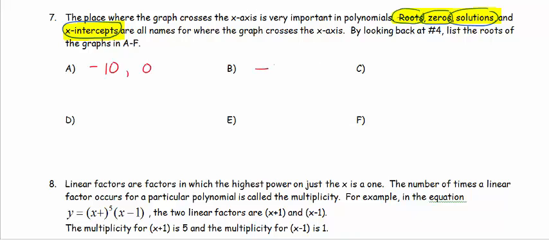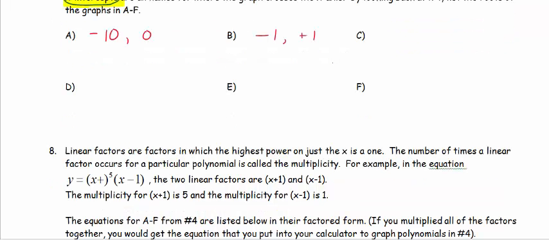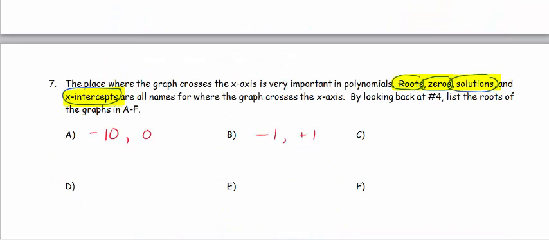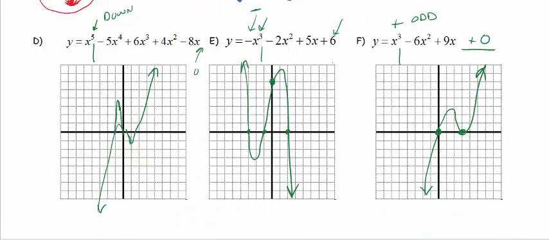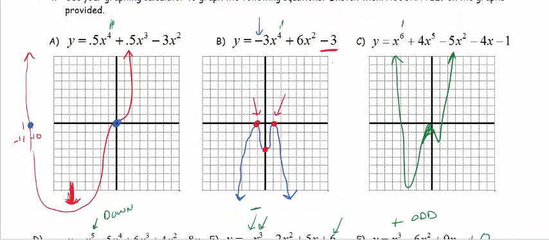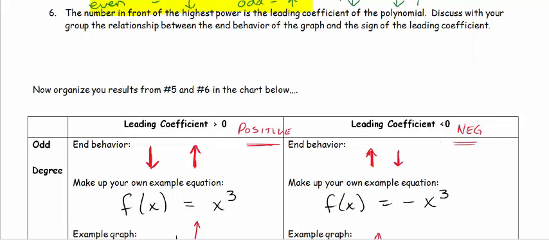At C, it's a little bit harder to tell. It looks like it crosses at negative 4, and we know there was one at negative 1 because of the y-intercept, and at positive 1. So negative 4 and positive 1 for C.